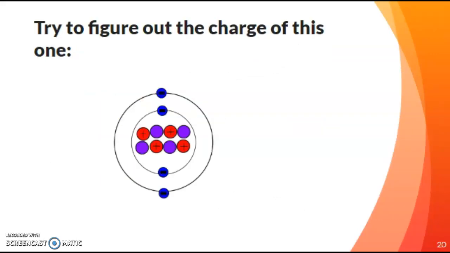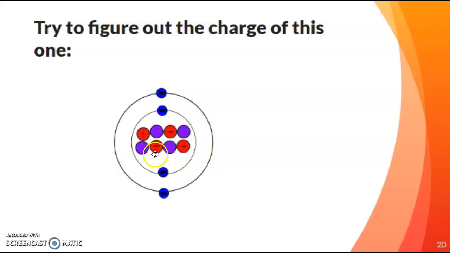Okay, we're going to look at a couple of different examples. Let's figure out this atom. First of all, let's figure out what it is. It's got 1, 2, 3, 4 protons. And remember, the number of protons is the determining factor in what an atom is. If we look on our periodic table, number 4 is beryllium. So this is an atom of beryllium. Now I'm trying to figure out the charge. Notice I've got 4 positive protons in my nucleus, and 4 neutral neutrons, but we don't care about those because they're not involved with charge.